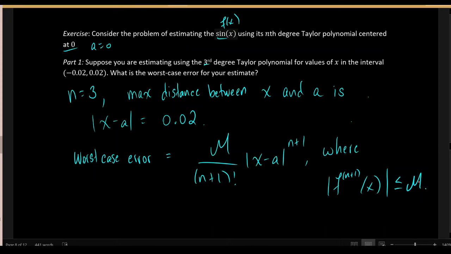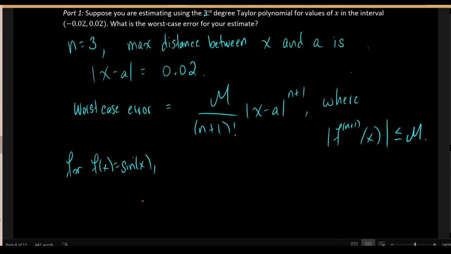Now the nice thing about f of x equals sine of x is that all of its derivatives are equal to plus or minus sine, plus or minus cosine.